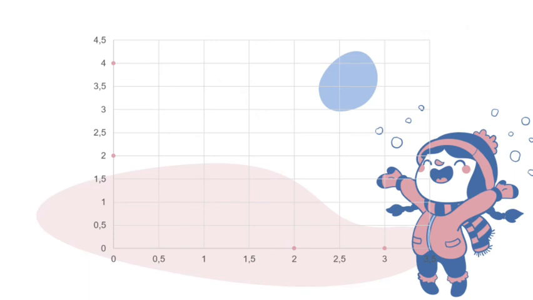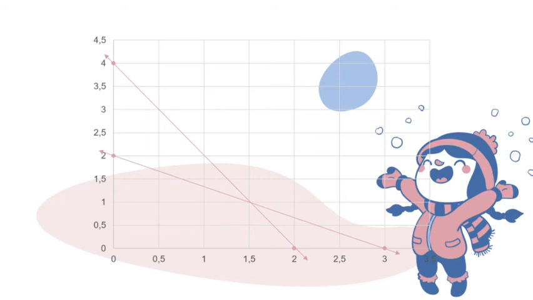This is the graph for the example earlier, and this is the line for 2x plus y greater than or equal to 4, and this is the line for 2x plus 3y greater than or equal to 6.